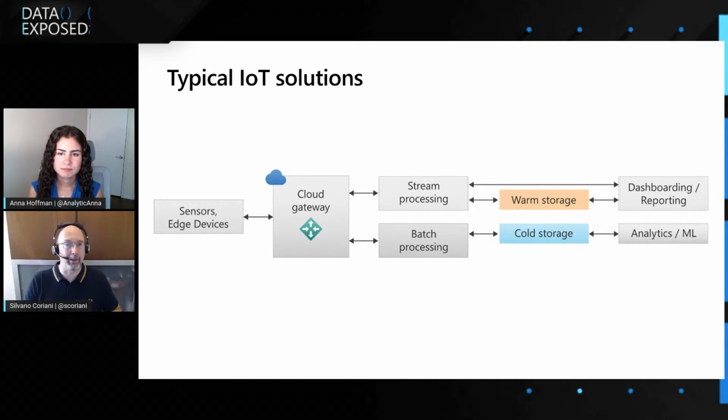So of course we have our devices, our sensors and edge devices that are spread across the field and are connected in a way or another with the internet, right? And the next component that those sensors will communicate with typically is called a cloud gateway, right?